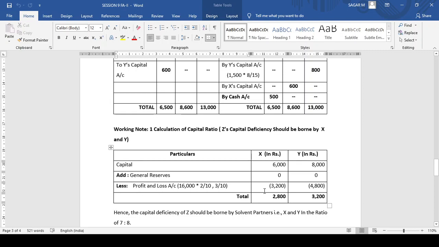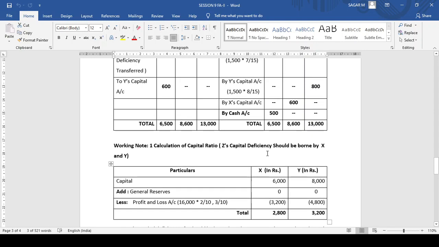So now if you subtract the share of loss of X and Y, you are going to get 2,800 and 3,200. Hence, the ratio will come down to 7:8. So we will come to know the ratio, and we get the ratio of 7:8.